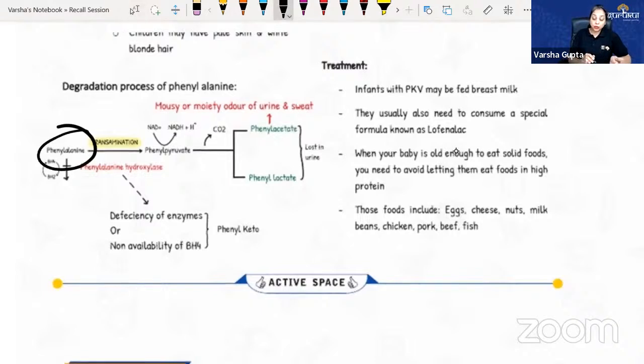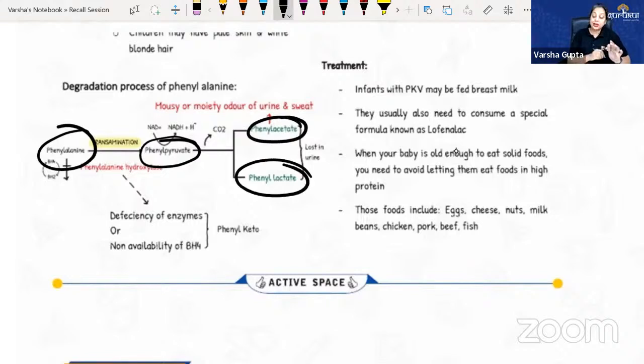Phenylalanine will be accumulated and will undergo transamination. So the amino group will be ripped off and alanine will become pyruvate. The product will be phenylpyruvate, which will be degraded into phenylacetate and phenyllactate. Phenylacetate is the one which is responsible for this mousy odor. This is another very important thing. This was a previous recall question, so know both of them together, right?